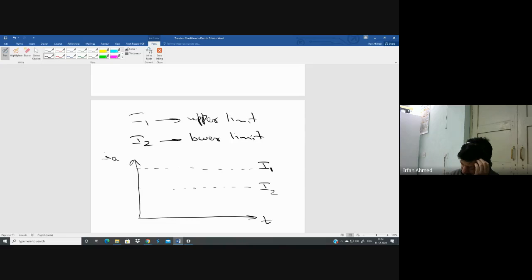You are selecting the external rheostat such that at the instant the switch is turned on, your short circuit current ISC, that is equal to V by R, must be equal to I1. Correct?